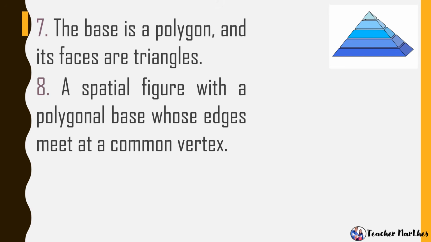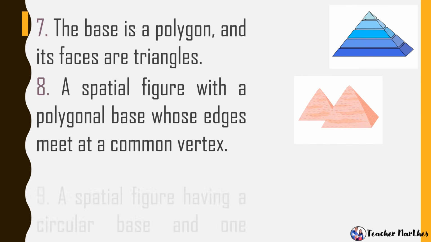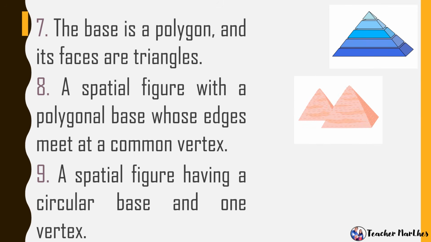A special figure with a polygonal base whose edges meet at a common vertex. The answer is pyramid. A special figure having a circular base and 1 vertex. It is a cone.